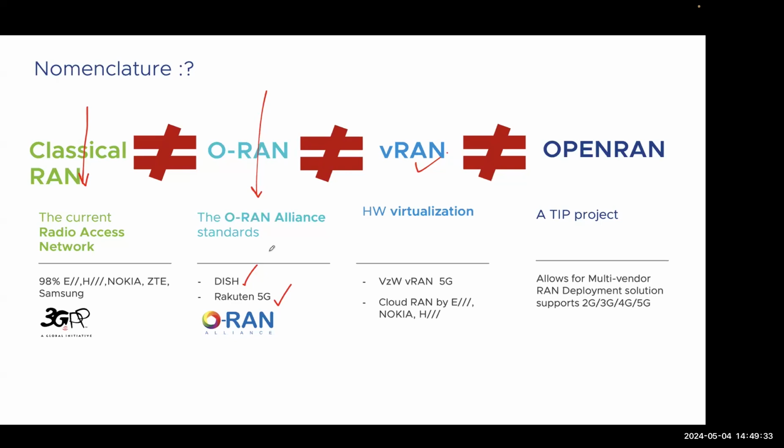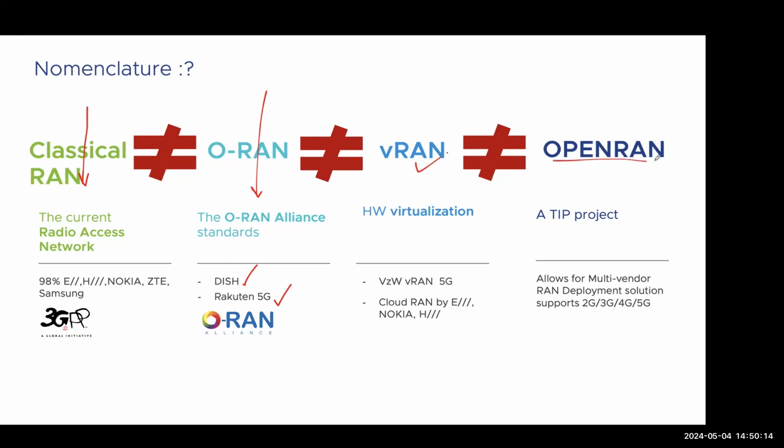I will not open the O1 interface, the A1 interface, the E2 interface, but I will run this on x86 from any vendor on a cloud stack, either from home or from any cloud provider. Say it is Red Hat, Wind River, VMware, or another hyperscaler. It's important to note this, because analysts or press releases can be confusing here, so really focus: is it ORAN or is it vRAN or Cloud RAN, or both?